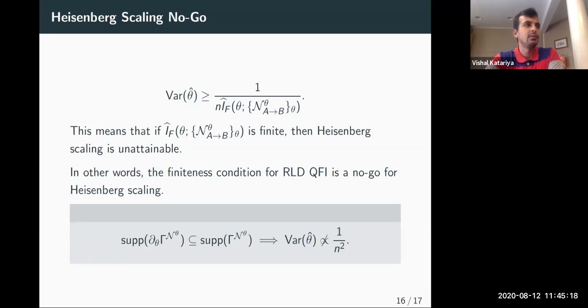The only example we looked at in the paper was the generalized amplitude damping channel, and that is a full rank channel, so that does not offer Heisenberg scaling. I'm really not sure about the other models you mentioned.